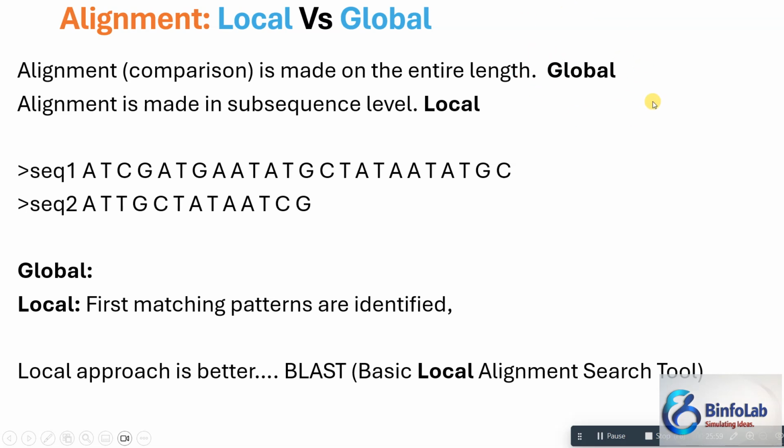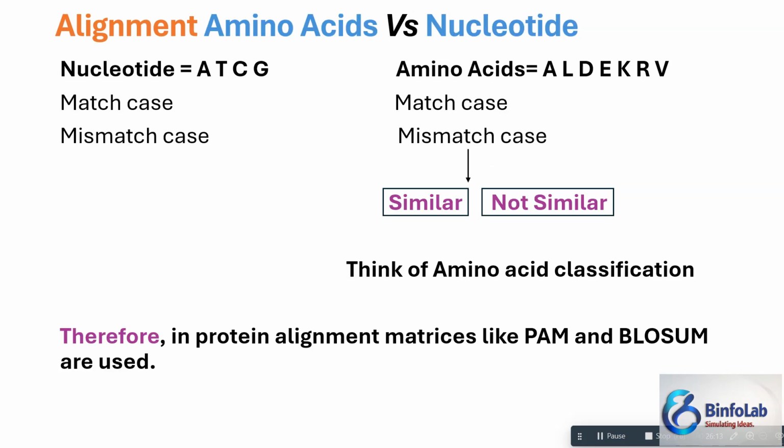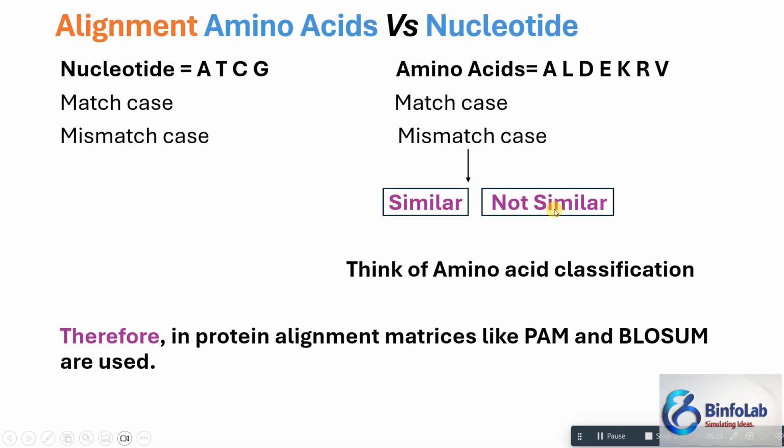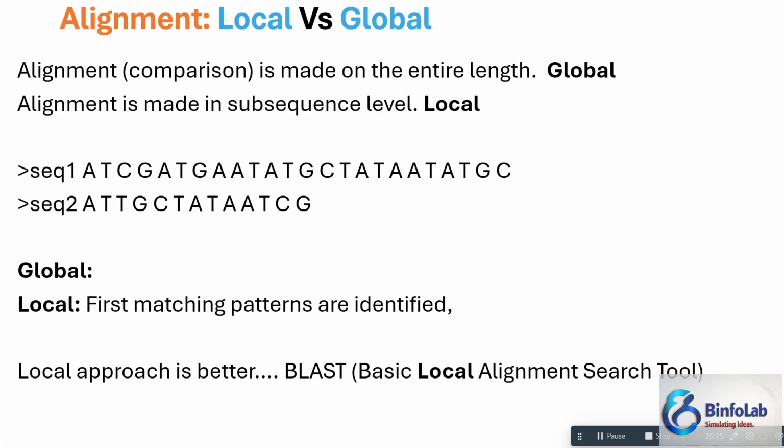But if the comparison is made at the subsequence level, we call it local alignment. Here we compare the overall sequences from here to here, which is a classical example of global alignment.